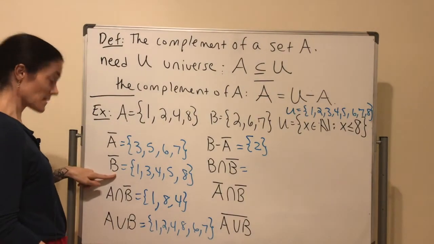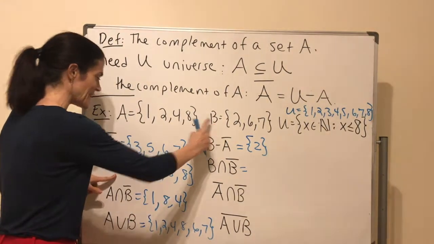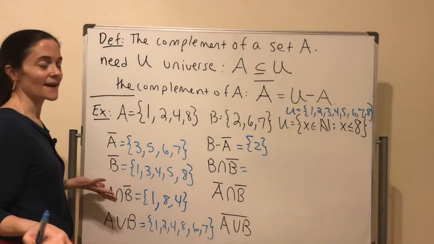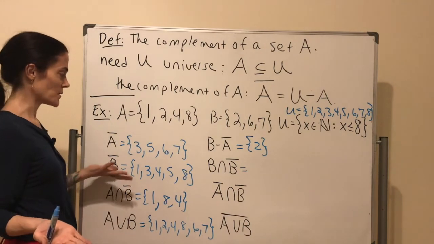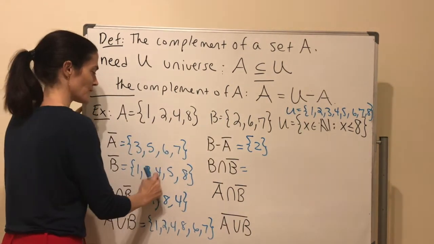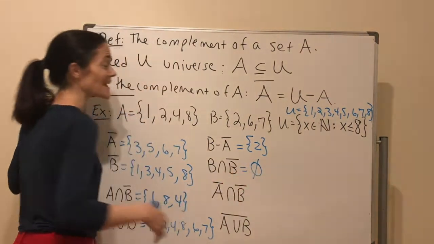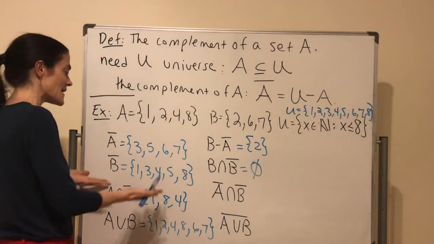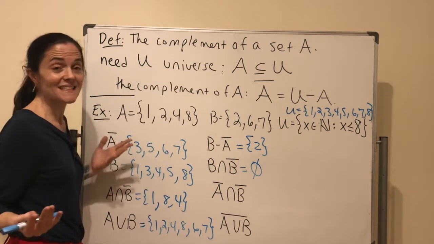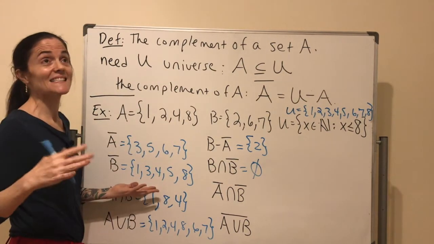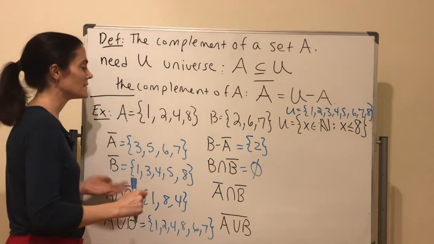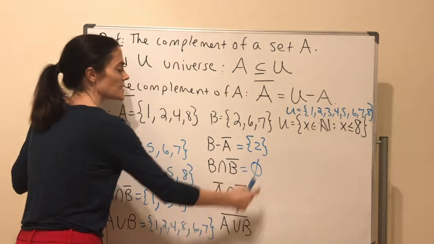Here's B complement, here's B, and do they share any elements? Well, no. We see 1, 2, 3, 4, 5, 6, 7, 8. Empty set. And this makes sense, right? Because if you think about the definition, B complement contains the elements not in B. So it makes sense that this is empty.